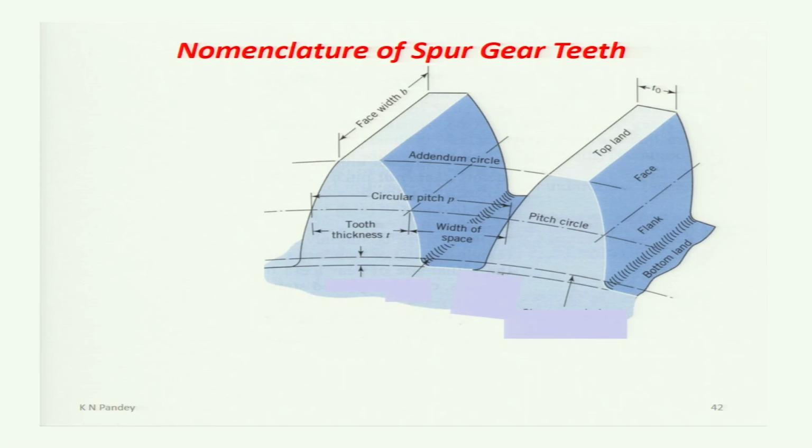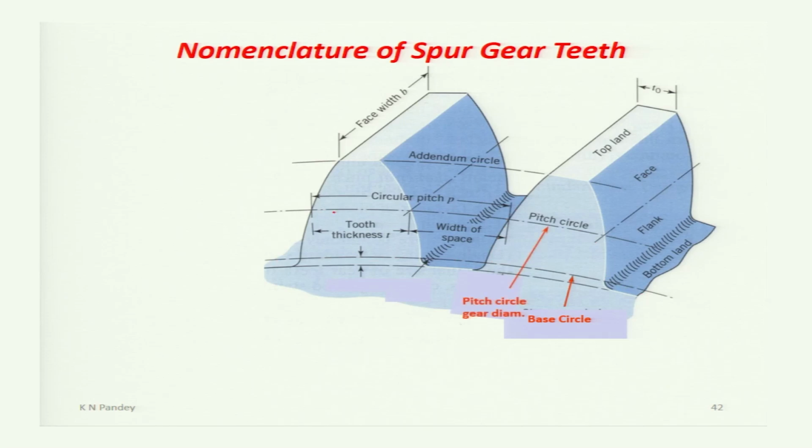So in this figure, two teeth of involute tooth profile are shown of a spur gear, which is used to transmit power between two parallel shafts. The involute profile was generated on a base circle or on the base surface. So this circle represents the base circle from where the involute tooth profile was generated.